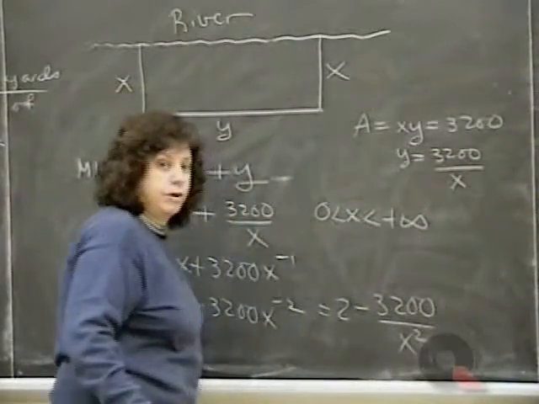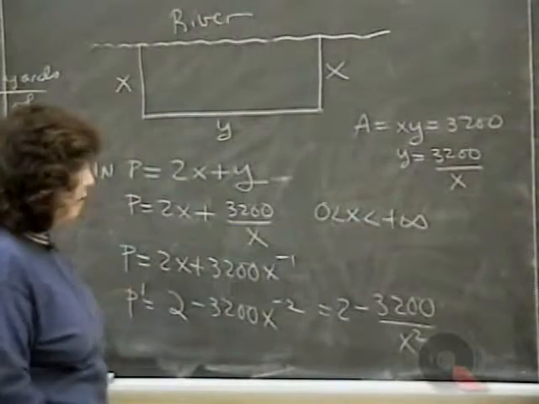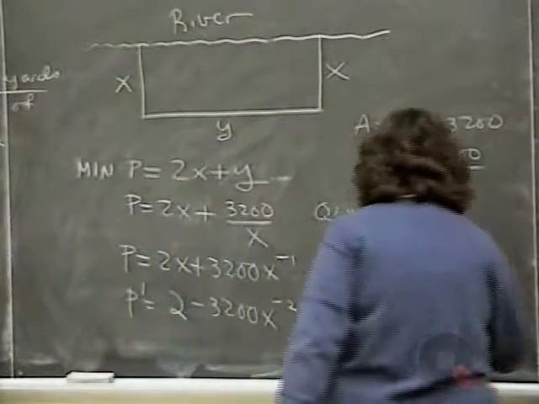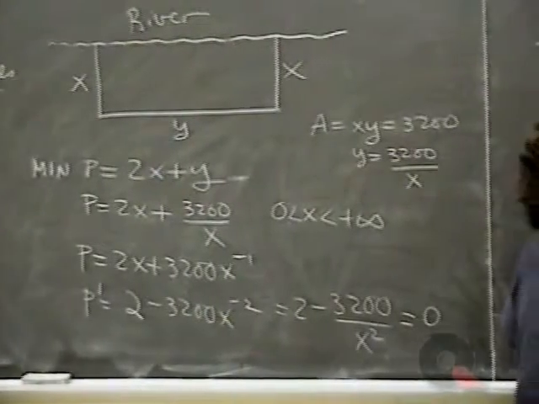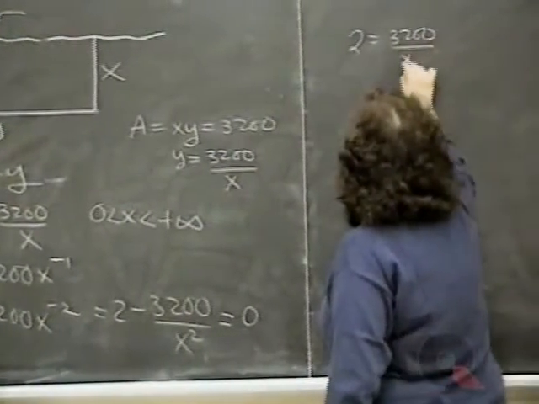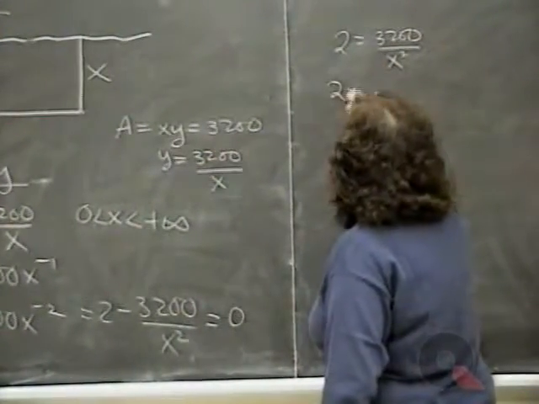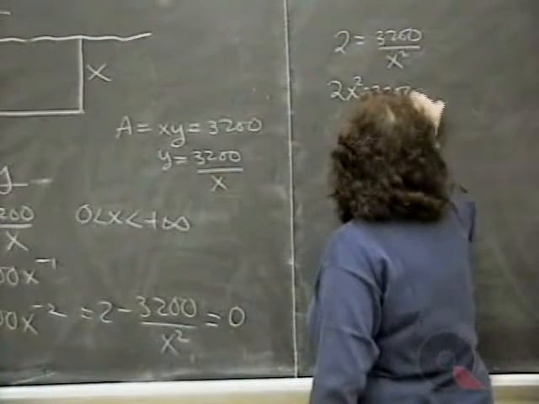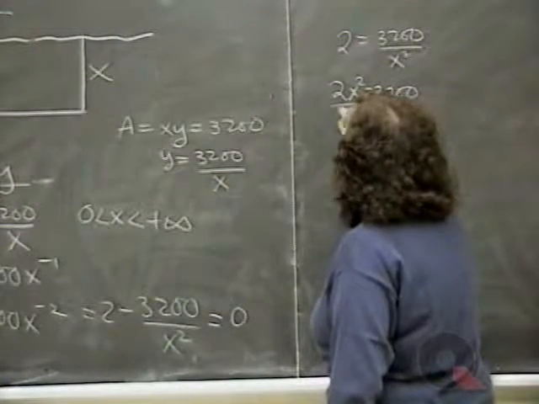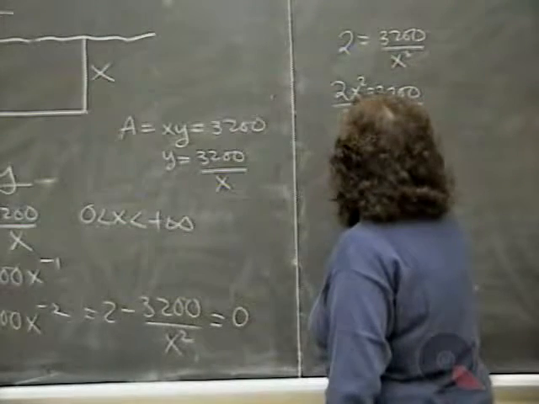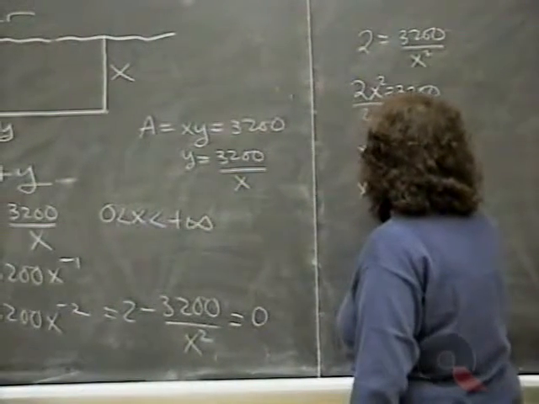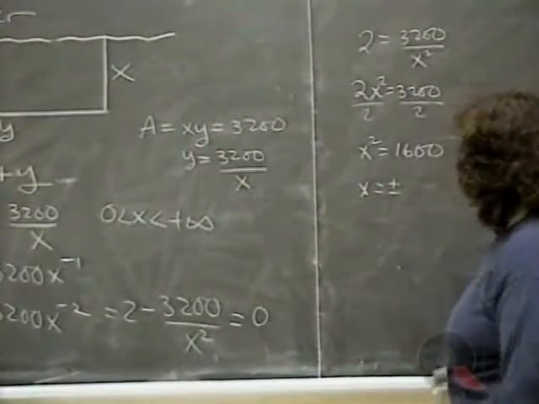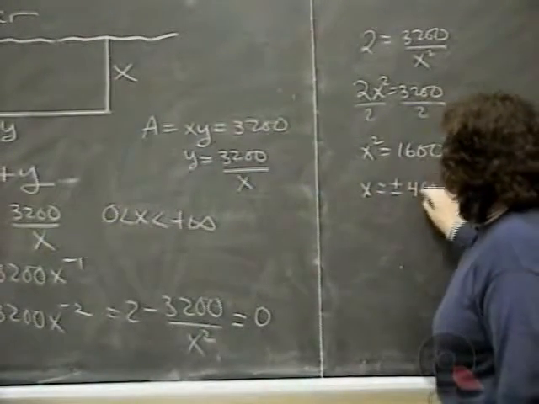The algebra is very similar to the work that we had in the preceding problem. We set it equal to 0. We get that 2 is equal to 3,200 over x squared. Cross multiplying, 2x squared is 3,200, dividing by 2, x squared is 1,600. x would be plus or minus the square root of 1,600, or plus or minus 40.